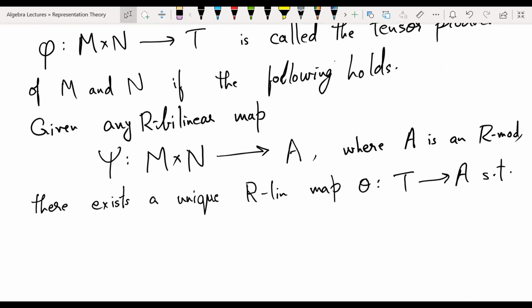Such that C is, first you apply phi and then apply theta.